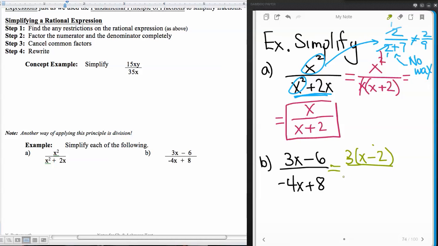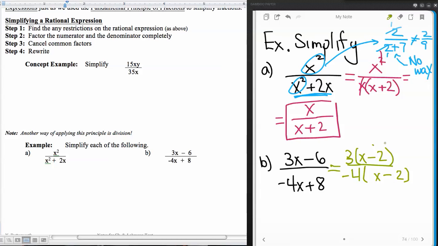Remember, I don't like that. So I'm going to take out a negative 4. And then I'm going to be left with a positive x, sorry, not positive 2x, just positive x. And then I'm going to take a negative out of a positive, and that leaves me with a negative. And now here is where I'm left with 2.